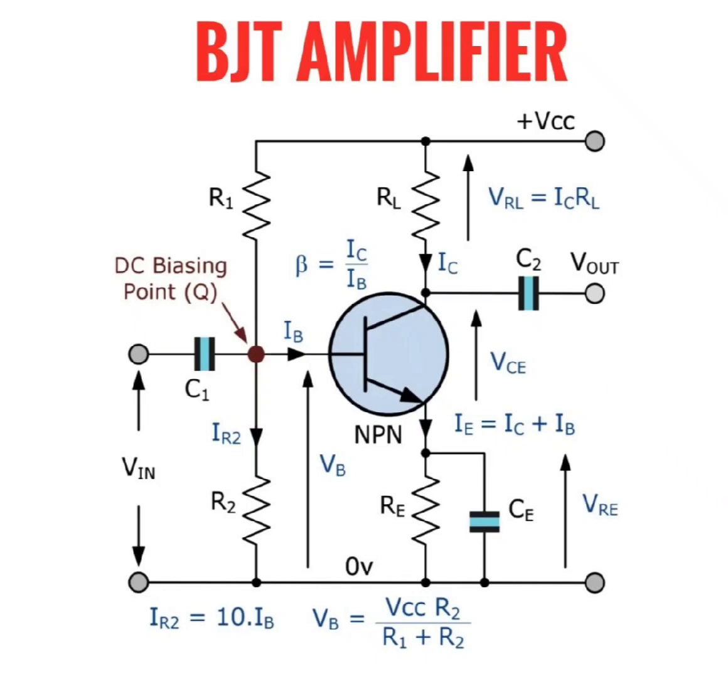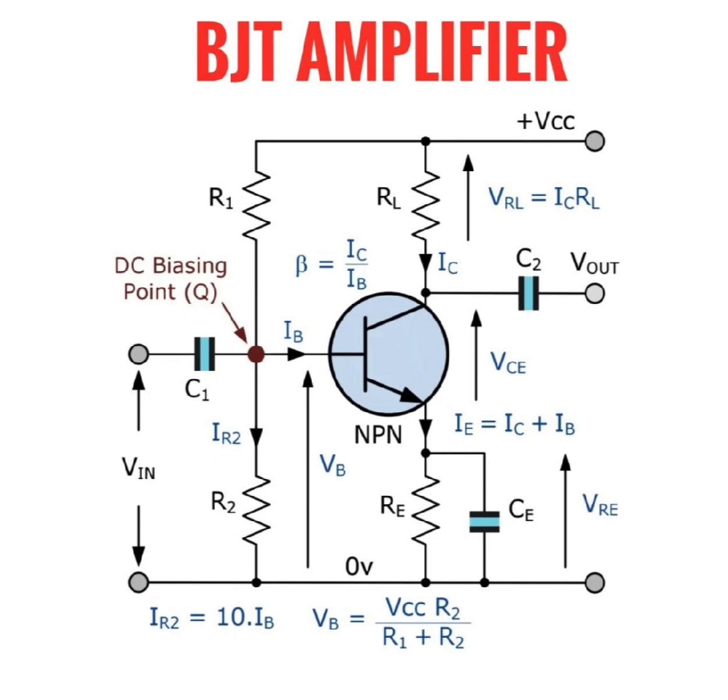Complete and organized analysis of the BJT amplifier circuit with detailed explanation of the voltages and basic concepts. What is the bias?